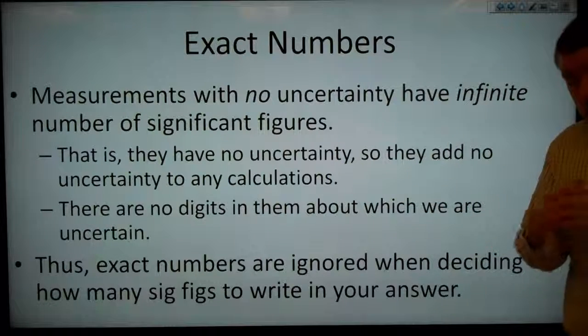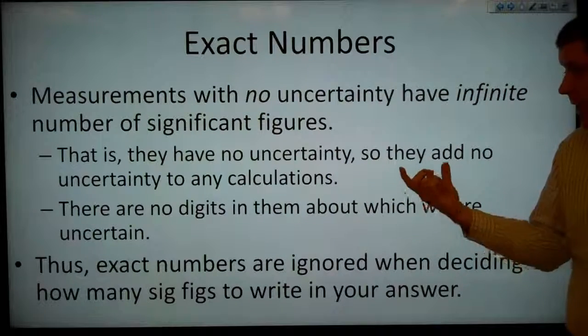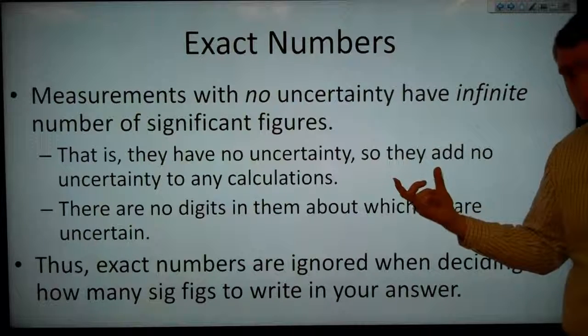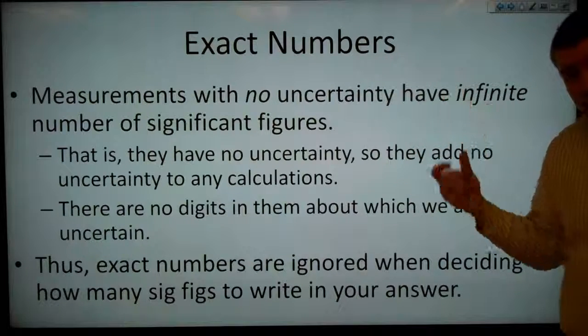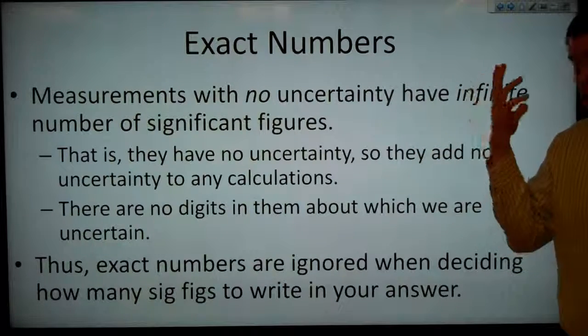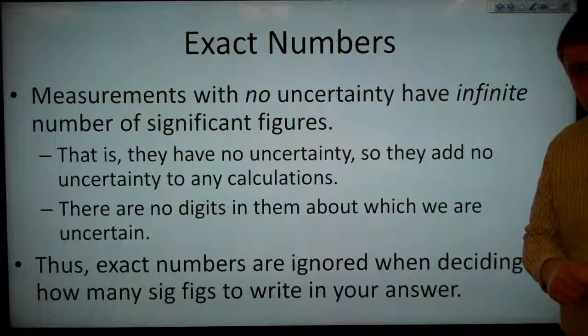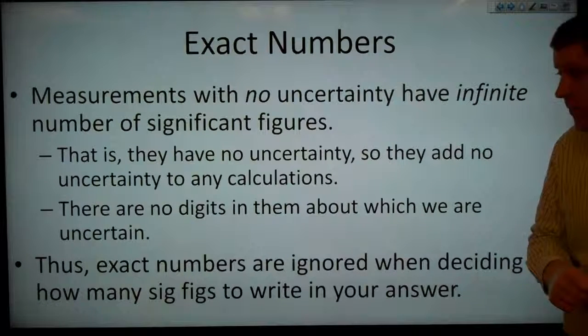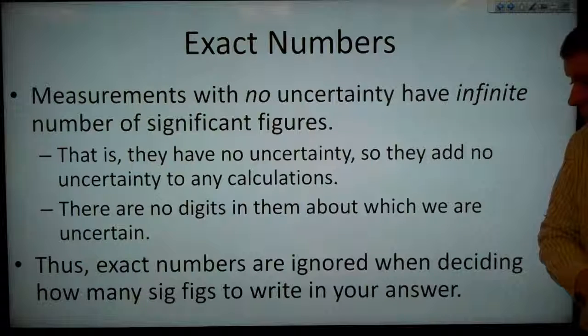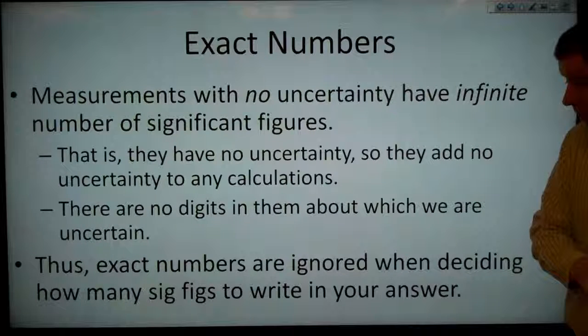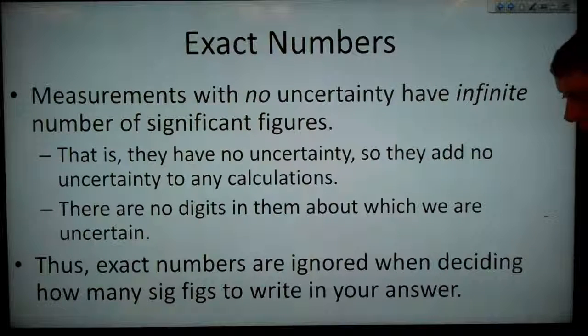So if our number has no uncertainty, then they don't add any uncertainty to our calculations, so we should essentially treat them as having an infinite number of sig figs, or we're ignoring them when it comes to looking at sig figs in our answers. So there are no digits in our exact numbers about which we are uncertain, and we're just going to ignore our exact numbers when we're trying to figure out how many sig figs to write in our answers.